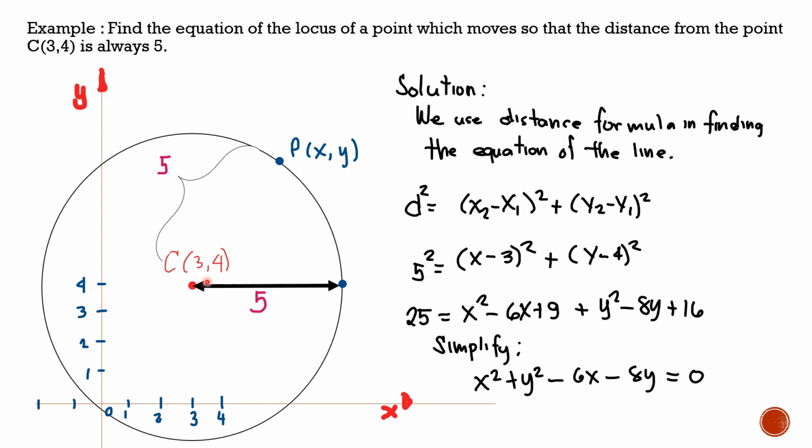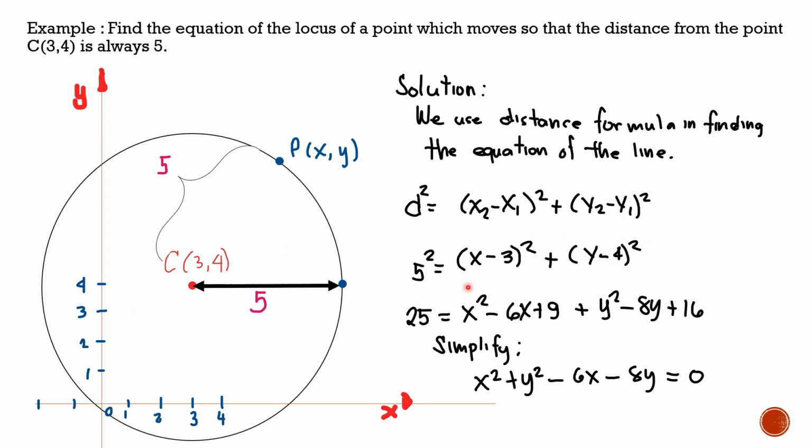What we're going to do is we apply the distance formula. d squared is equal to (x sub 2 minus x sub 1) squared plus (y sub 2 minus y sub 1) squared. Then we have 5 squared is equal to (x minus 3) squared plus (y minus 4) squared. I substituted the values of x sub 1 and y sub 1 here.